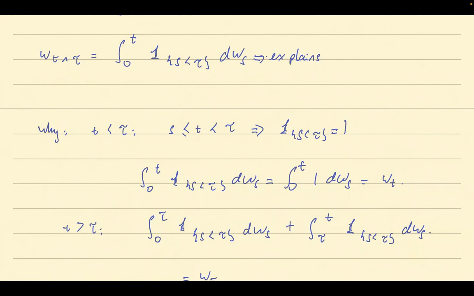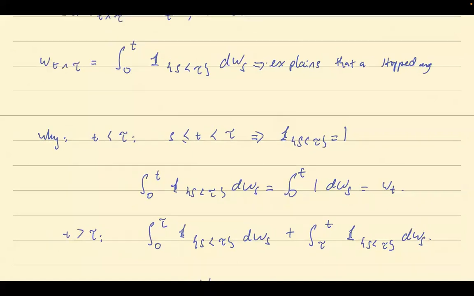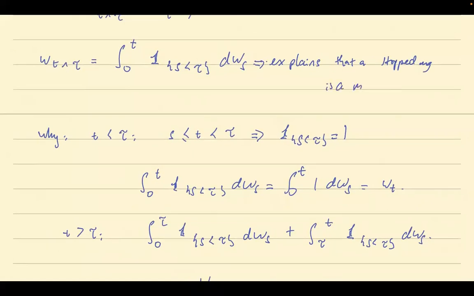It explains that a stopped martingale is a martingale, because this relation doesn't rely on whatever w is.